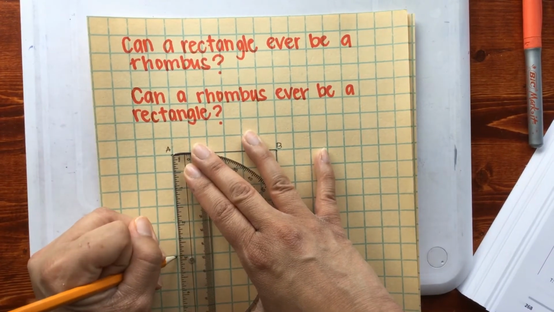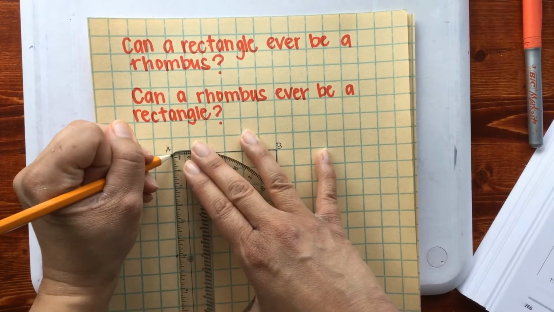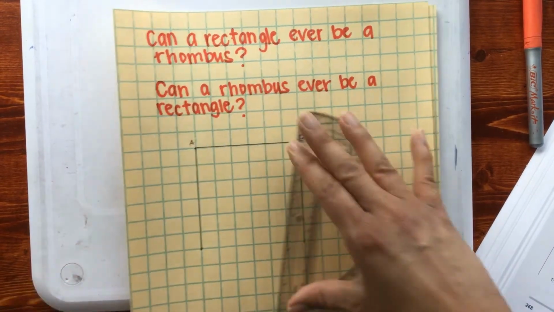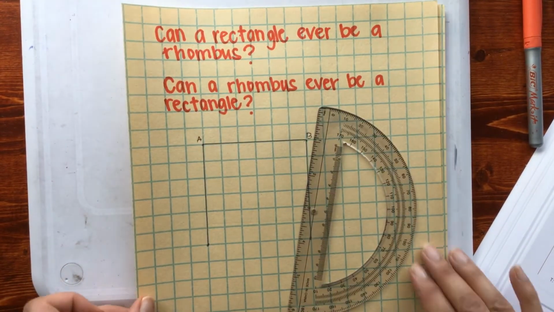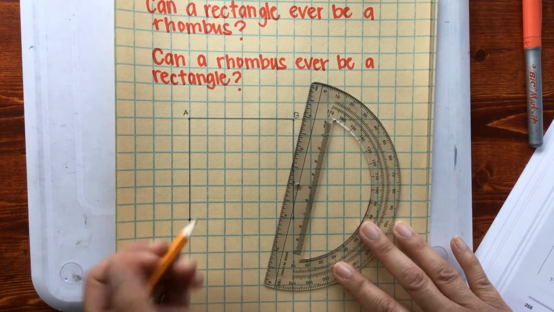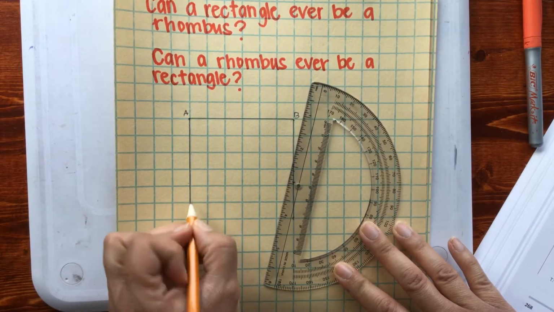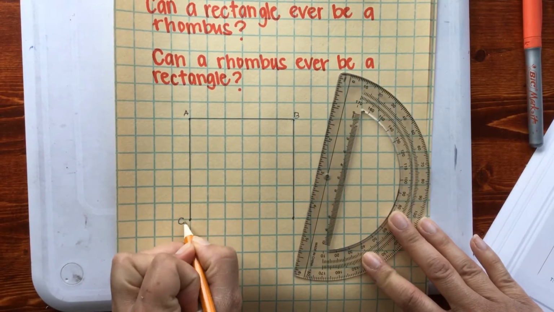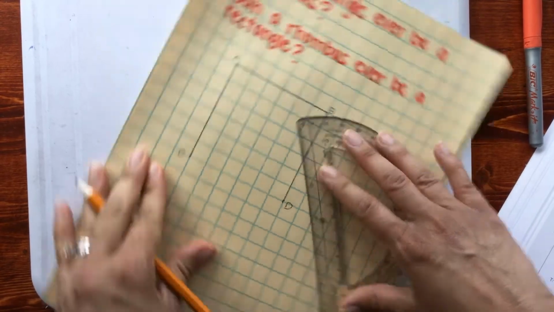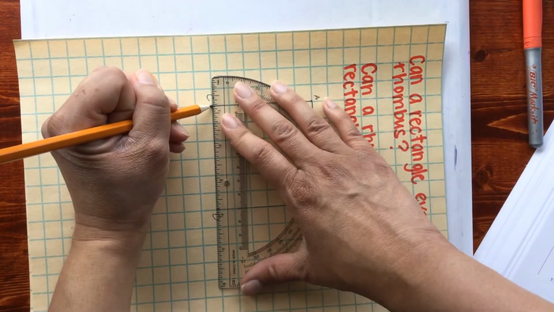And my 3 inches is going to be right here. And I'm going to label these C and D, and now I'm going to connect points C and D.